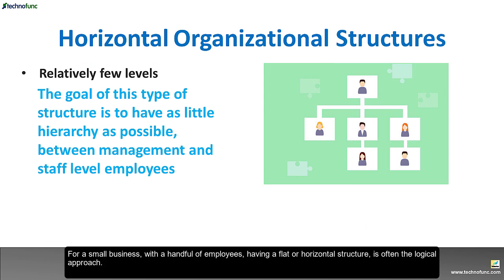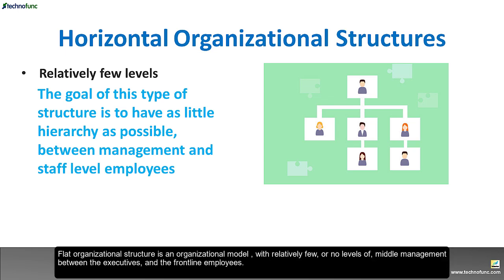For a small business with a handful of employees, having a flat or horizontal structure is often the logical approach. Flat organizational structure is an organizational model with relatively few or no levels of middle management between the executives and the frontline employees.